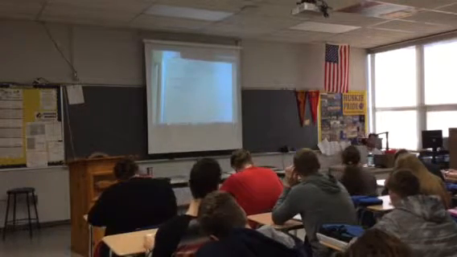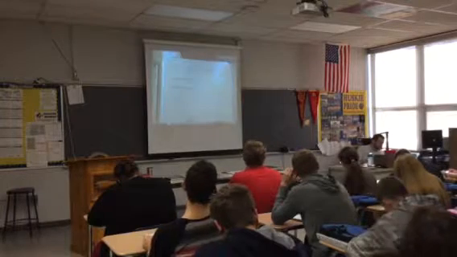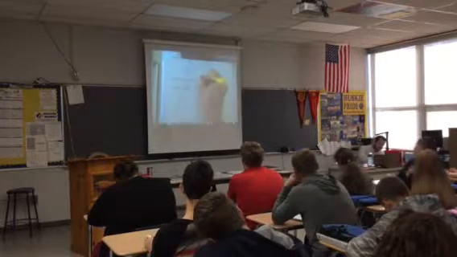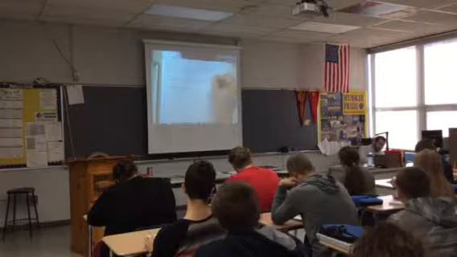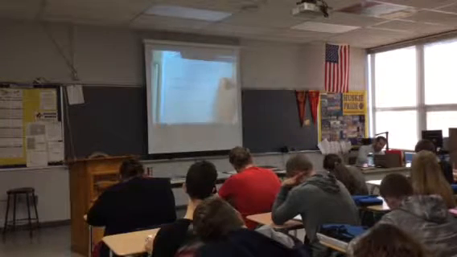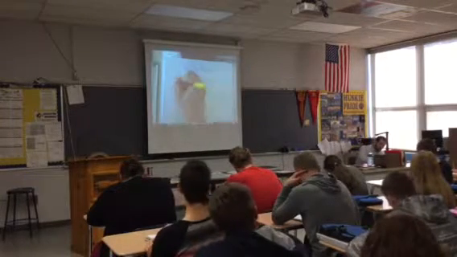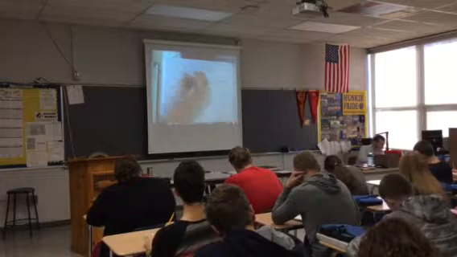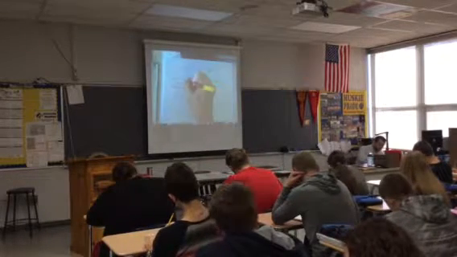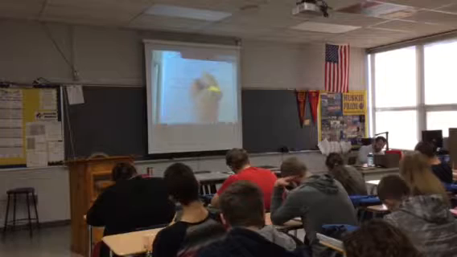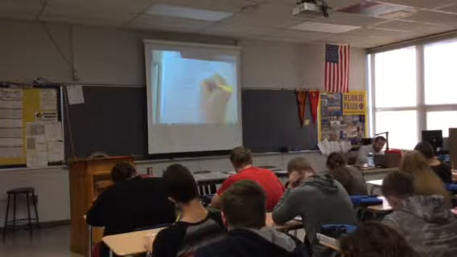Corresponding sides are sides of 2 separate figures that are in the same position.